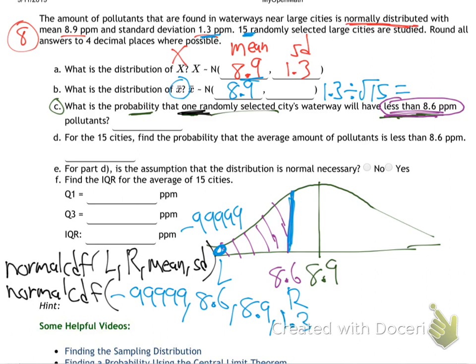But am I going to divide there or not? Well, at least on part C, it's just for one person, so I'm not going to divide. And then when you get to part D, they're going to do the same question for 15 cities. Then it's exactly the same thing. Just put a divide by square root of 15 at the end, huh? So much the same every time. Dot, dot, dot. That good? The rest is the same?